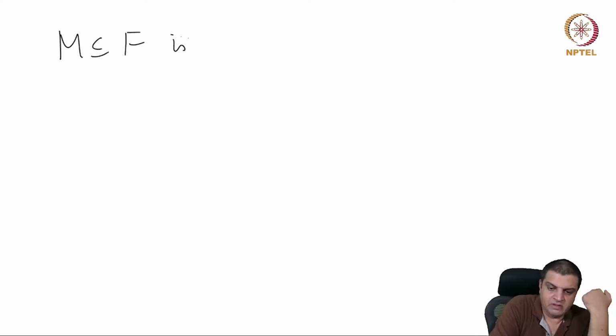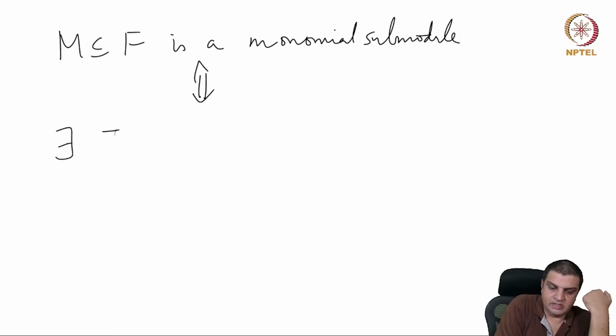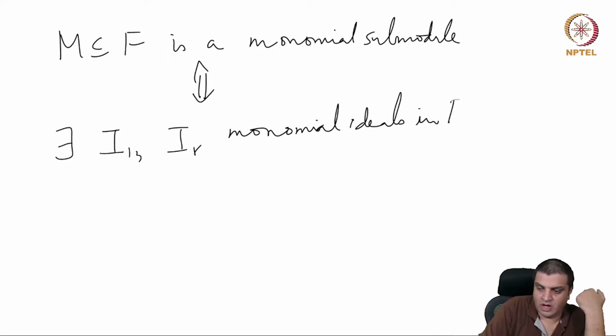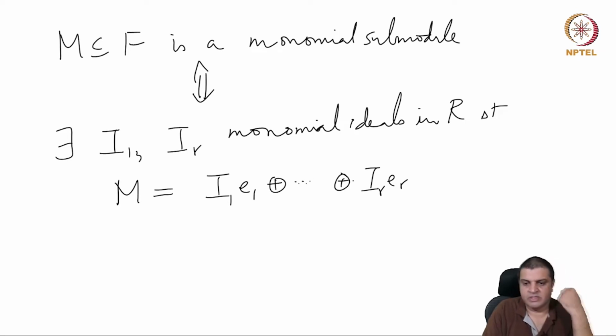So M inside F is a monomial submodule if and only if there exist I1 through IR monomial ideals in R such that M is equal to I1 E1, which is a submodule of F, direct sum up to IR ER. Each of them is a submodule of the corresponding factor, and then the direct sum of that is M. Okay, so this is what we just wanted to observe.